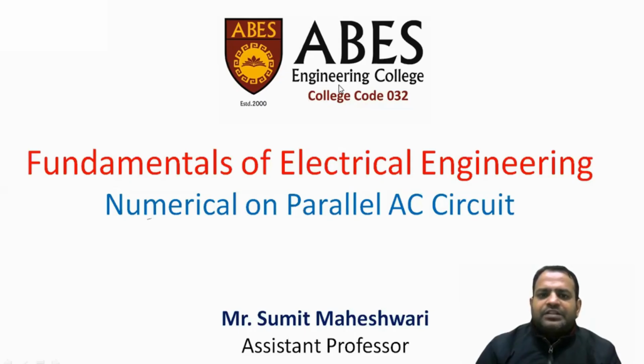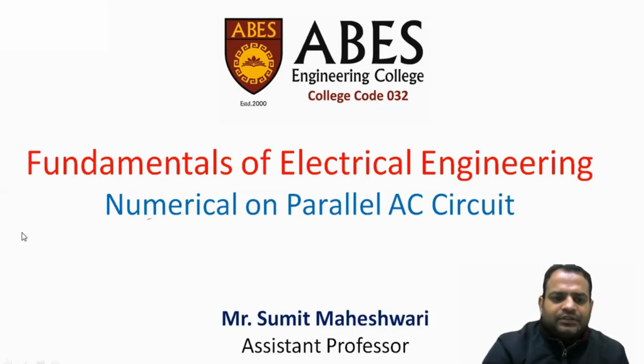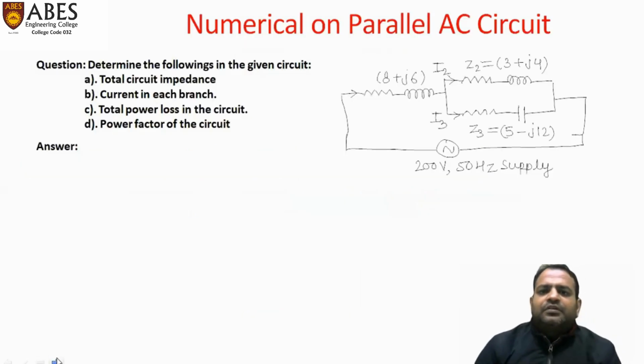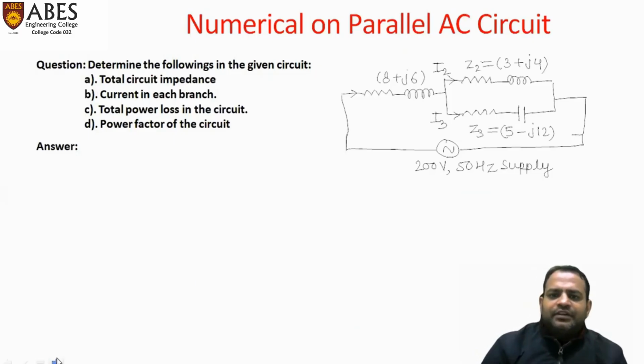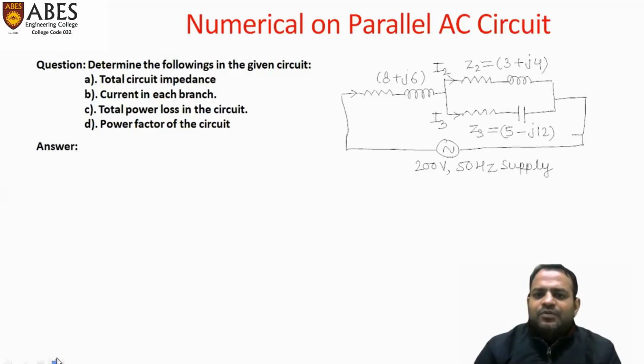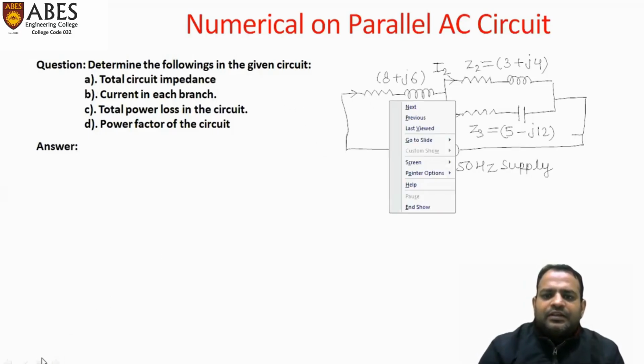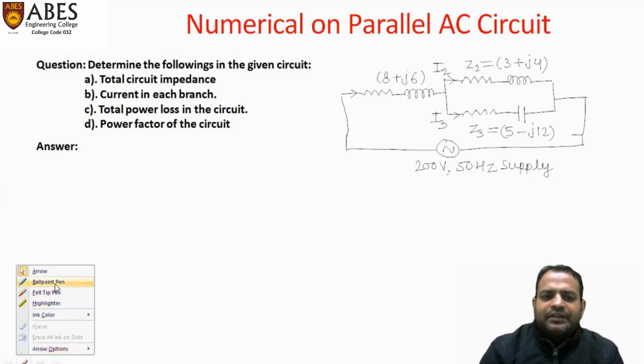Today I'm delivering a lecture on numerical solving of parallel AC circuit. So this is our numerical. We have a series parallel combination in which there is a Z1 which is 8 plus J6 ohm, and here that is Z2 and Z3.